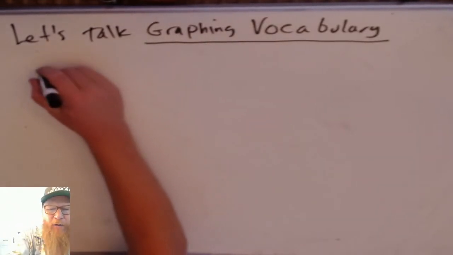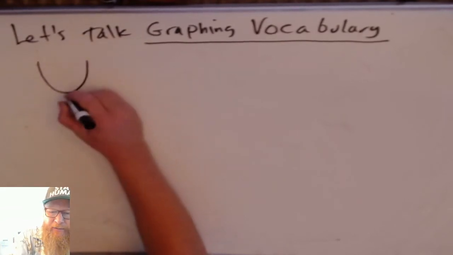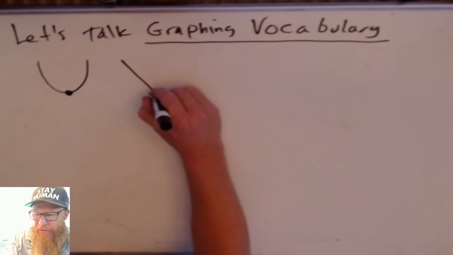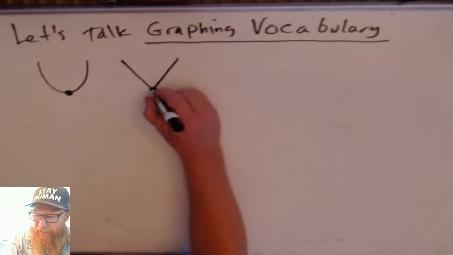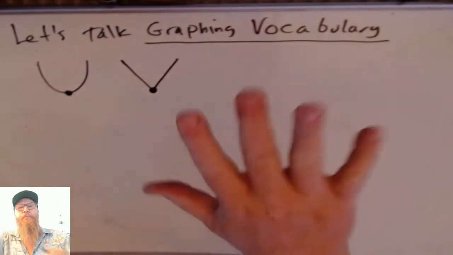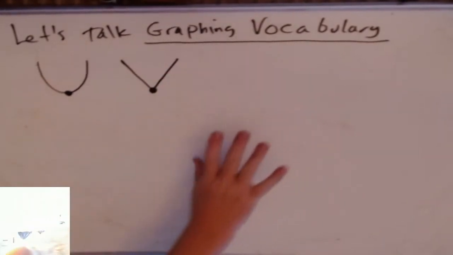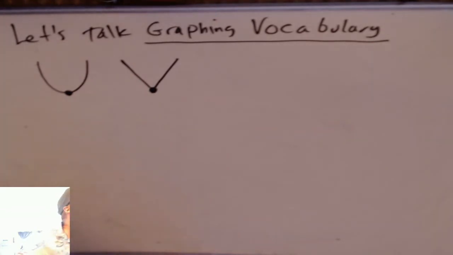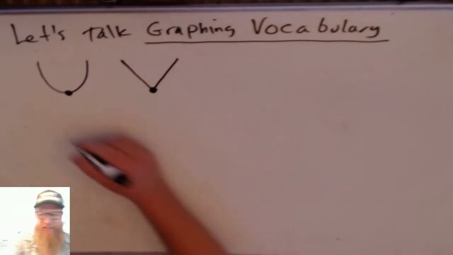So on a quadratic or an absolute value, these points are called vertices, or vertex for singular.